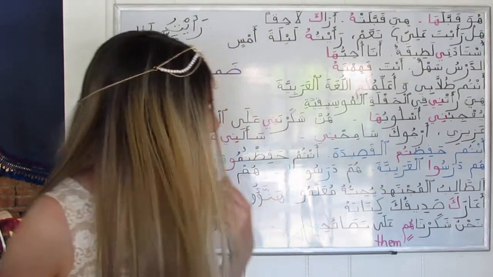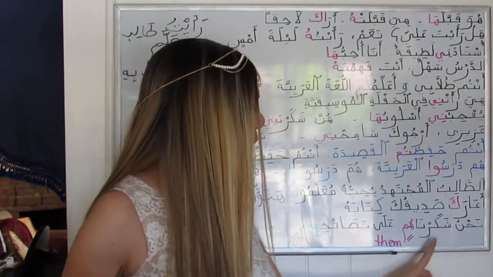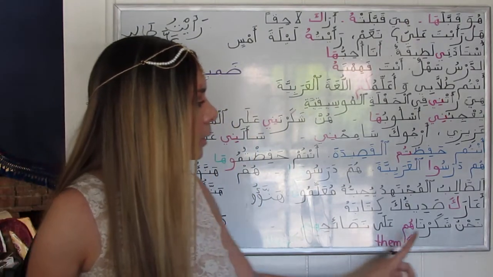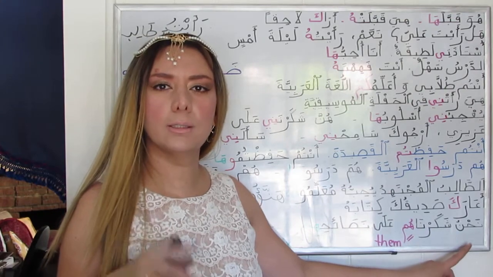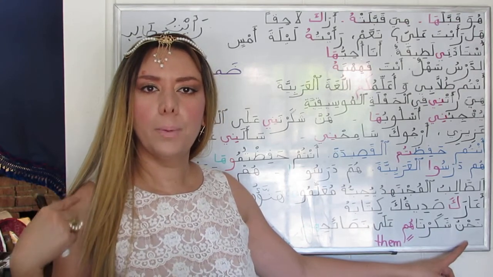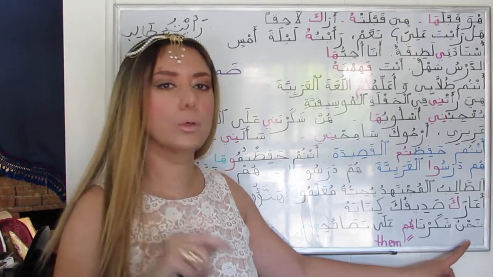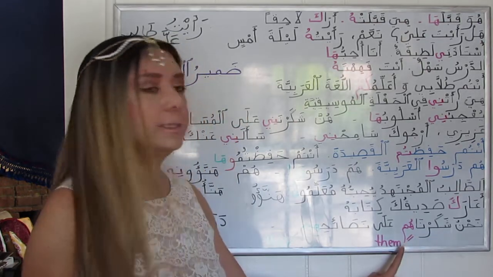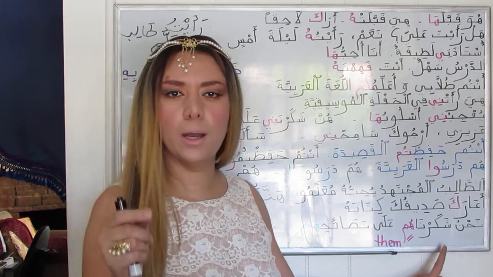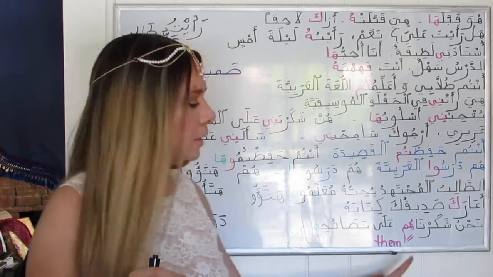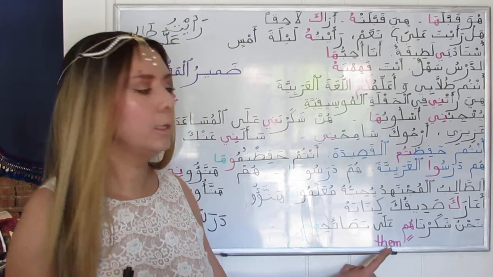Okay. So, نحن شكرناهم على نصائحهم. نحن, شكر, to thank. شكرنا is conjugated in the past tense, first person plural. نحن, we thanked them. So whom, here the object pronoun is rendered as them in English.